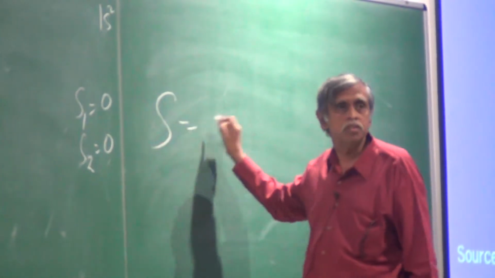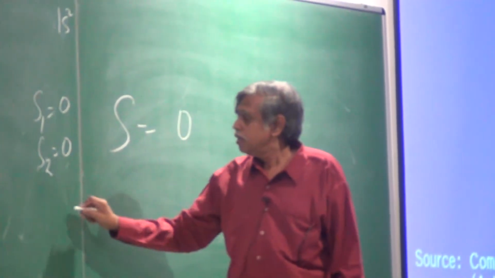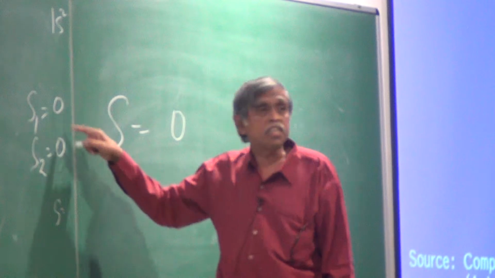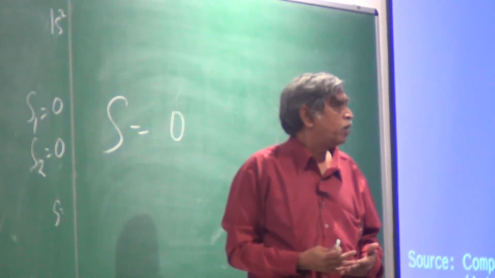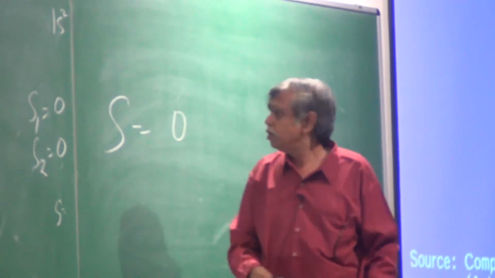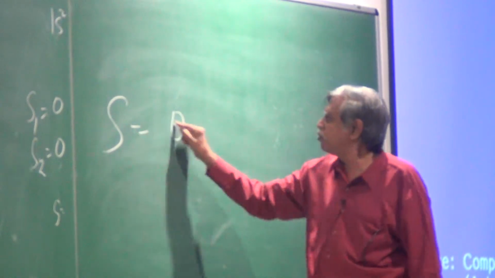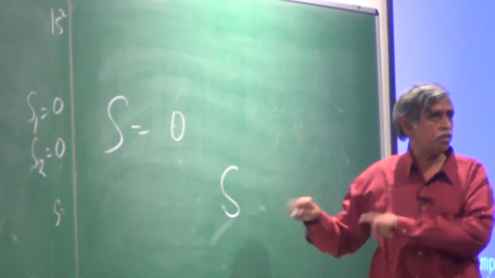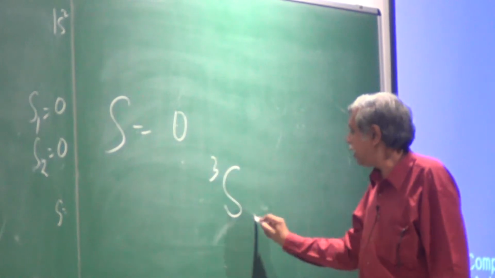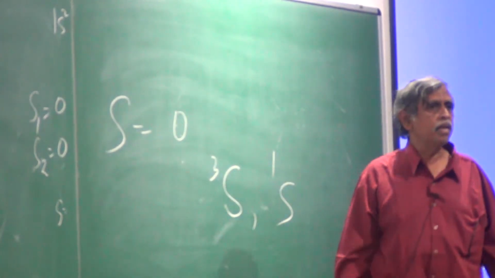What's capital S? 1 and 0. So I can get a triplet S and a singlet S.